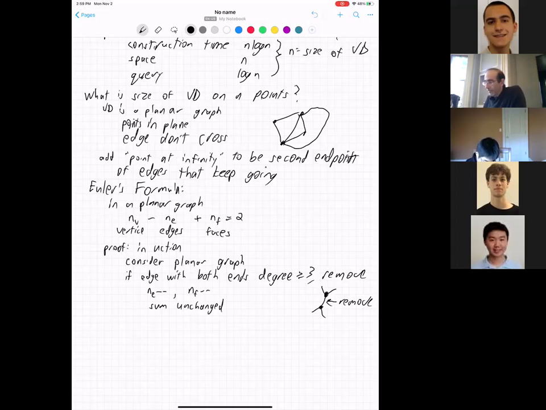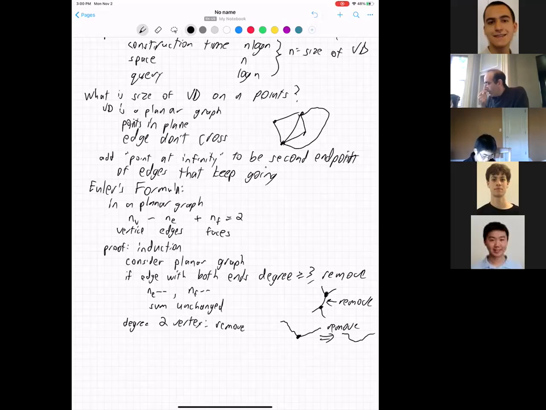Now, another possibility, besides having all these degree 3 vertices, is if I have a degree 2 vertex. With a degree 2 vertex that's connecting two edges, I can also remove it and just make one unbroken edge.